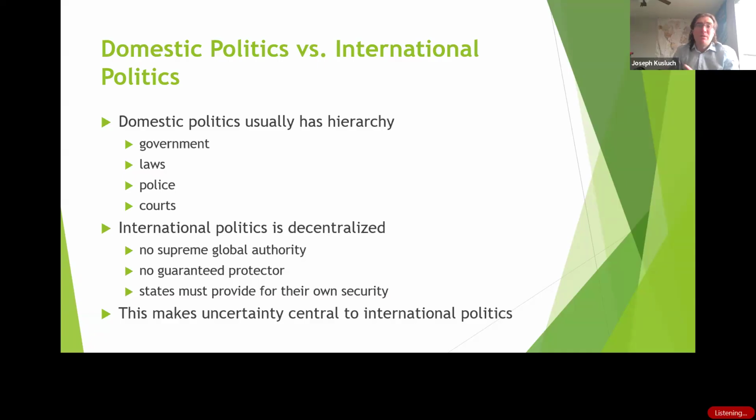In international politics, authority is decentralized. No state is formally above another. States are sovereign. This means that each state must think seriously about its own security because there is no guaranteed protector above it.